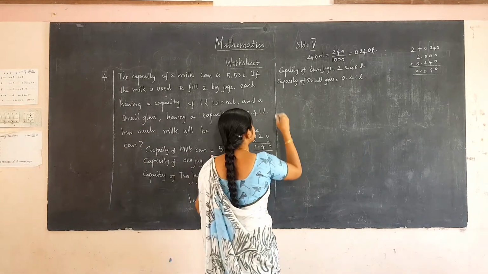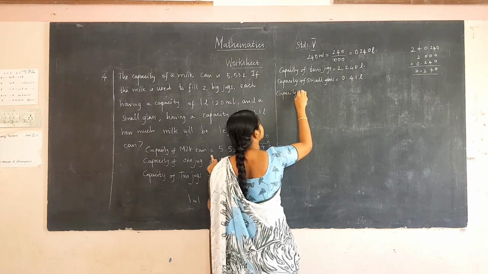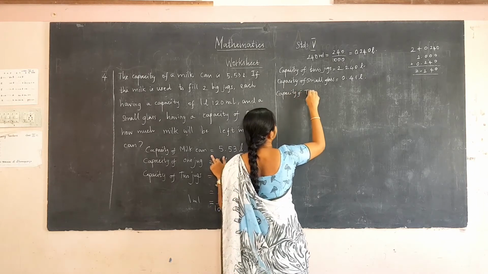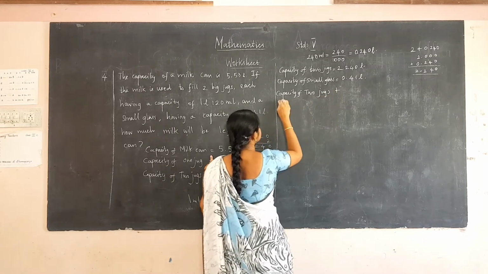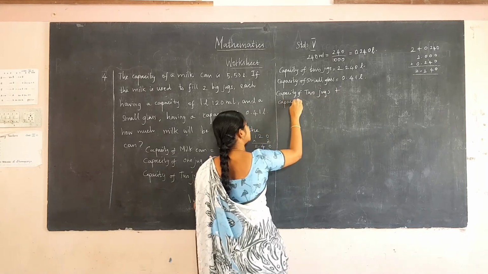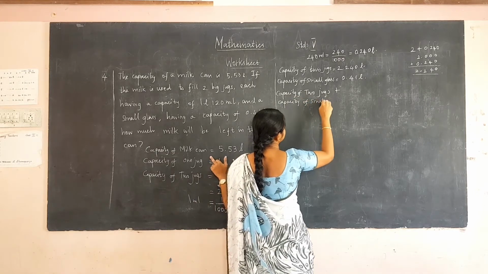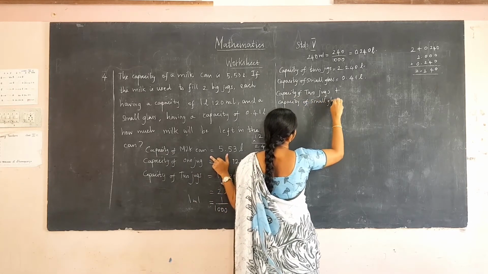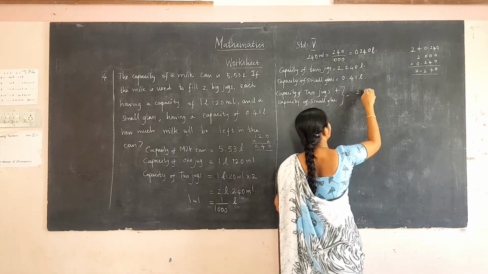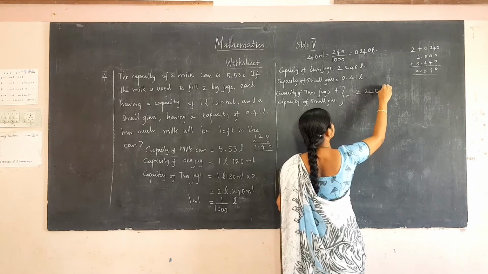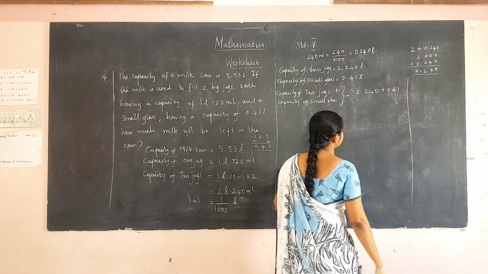First we have to add capacity of 2 jugs plus capacity of small glass, that is equal to 2.240 plus 0.41.